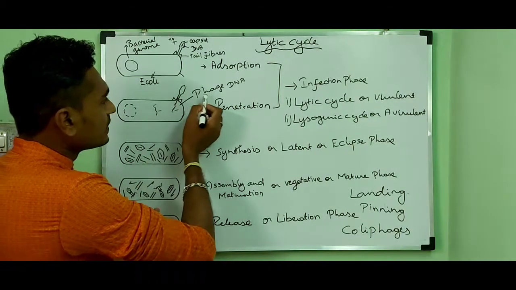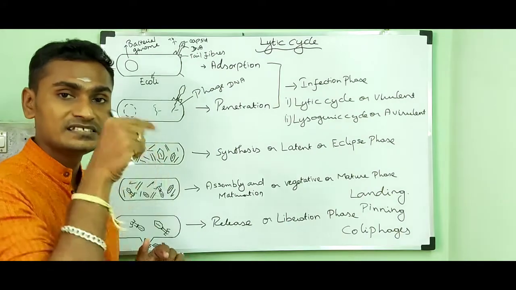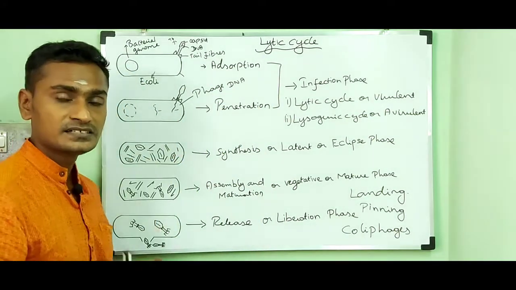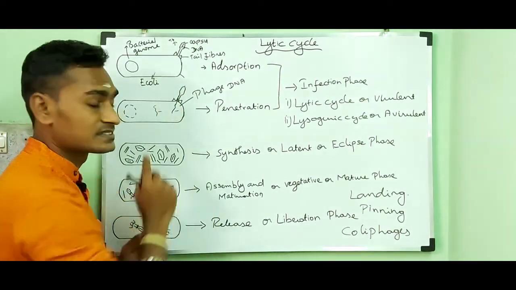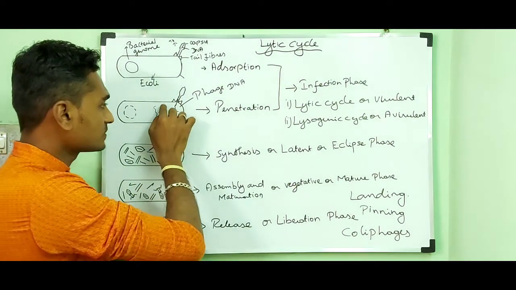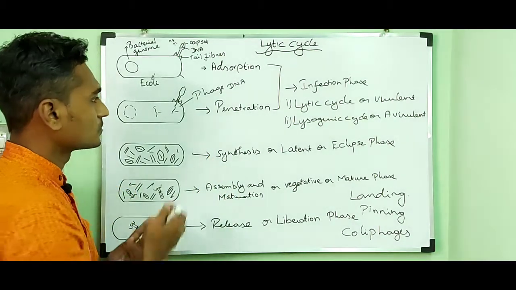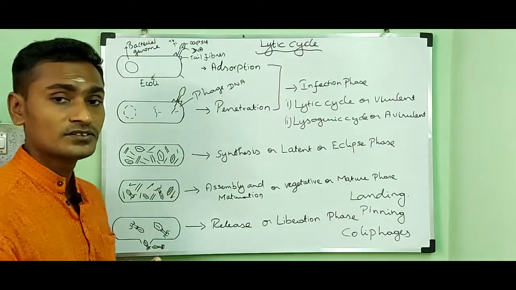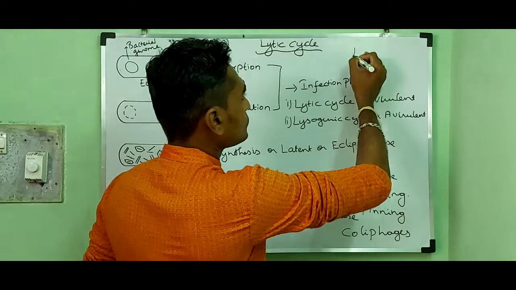The bacteriophage has to inject its phage DNA into the bacterial cell, so it has to digest the bacterial cell wall. So this bacteriophage secretes an enzyme called lysozyme.